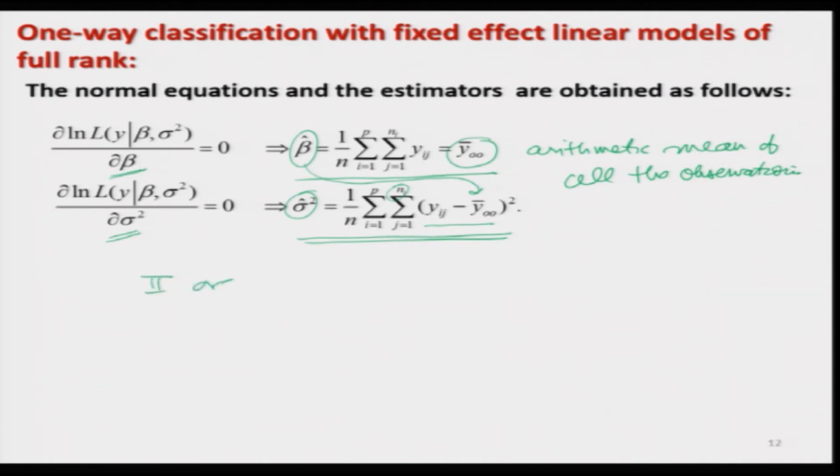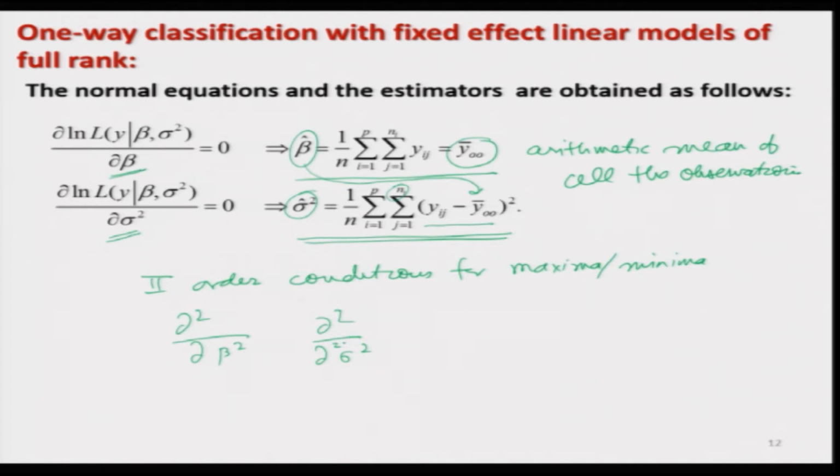For that, I will not do this algebra here, but I will leave it up to you to find out the second order condition for maxima and minima. What you have to do is find the second order derivative of the log likelihood with respect to beta and with respect to sigma square.